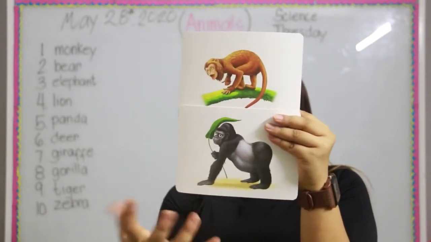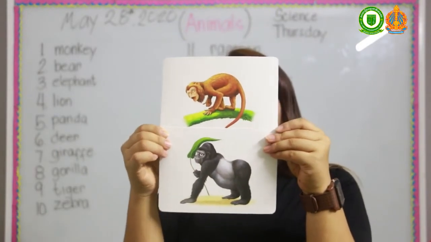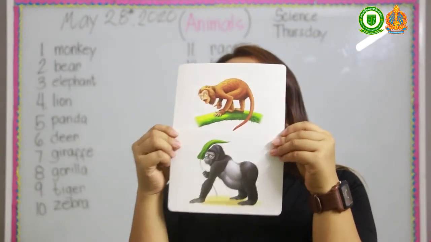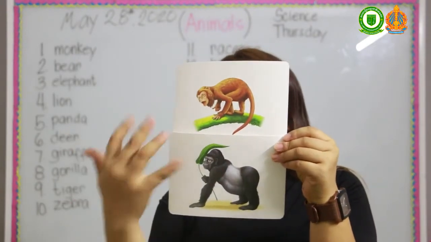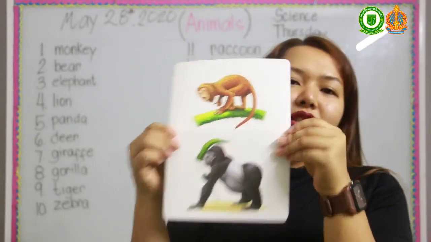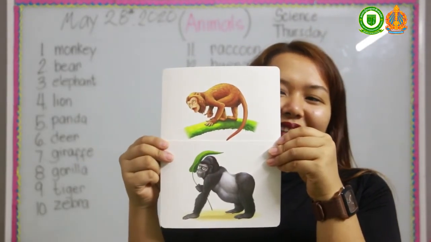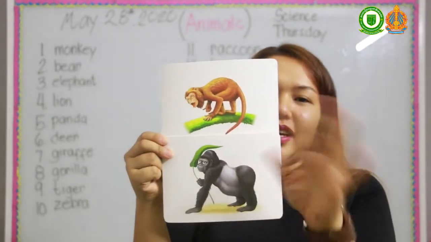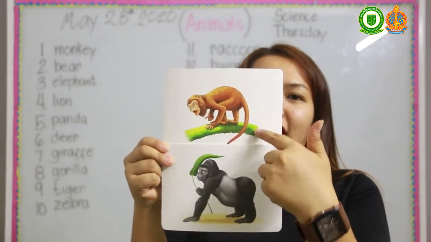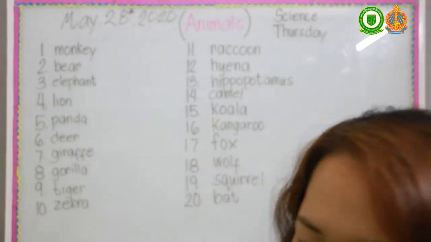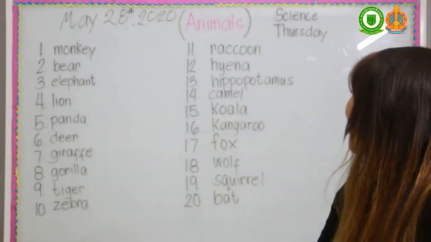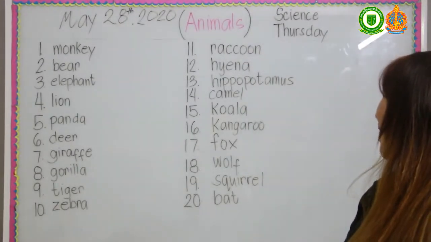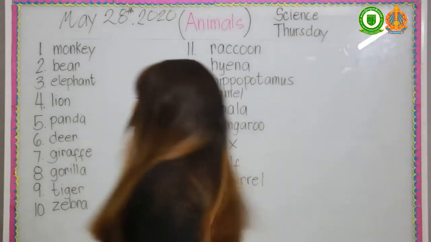Okay, and they're bigger. So that's the difference of monkey and gorilla. There are different kinds of this kind of animals, just for you to see the difference. So don't say this is monkey and this is also monkey. This is gorilla and this is a monkey. All right, kids, so that's just 10 of the animals.